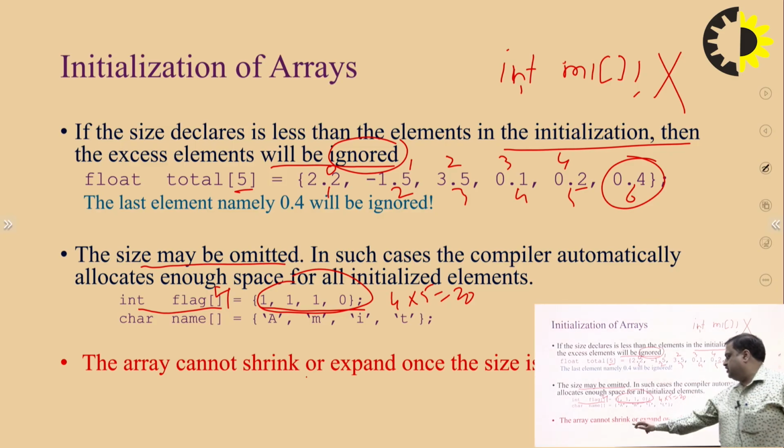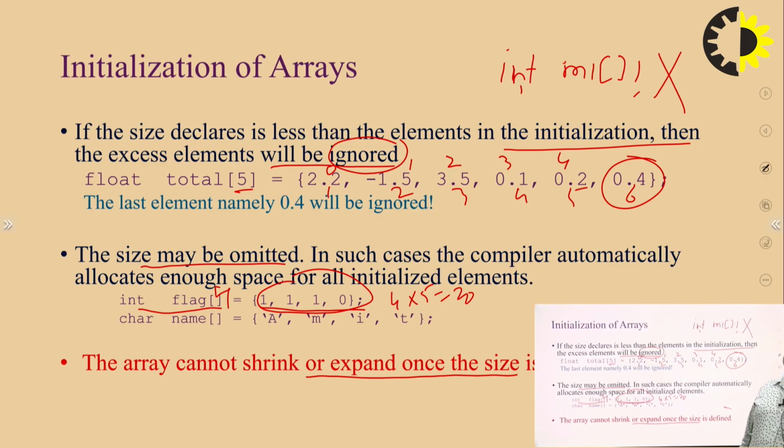The array cannot shrink or expand once the size is defined. For example, in this flag example, the compiler has fixed the size at 4, but in the coming statements, if we want size 6, we cannot do that. In the case of array data structures, once the size is fixed, it cannot be altered or changed. It will not grow or expand.